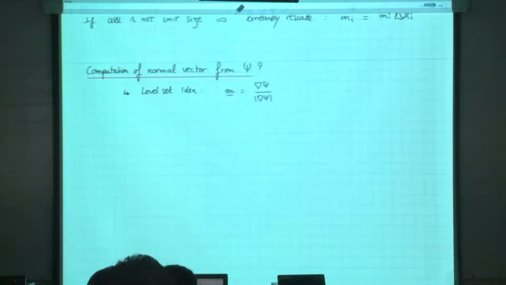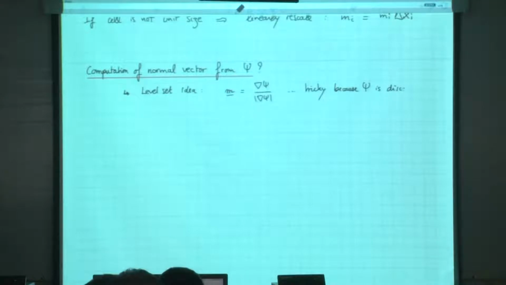The issue is that this is tricky because psi is discontinuous.